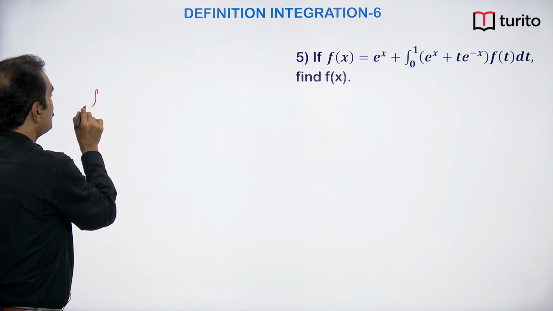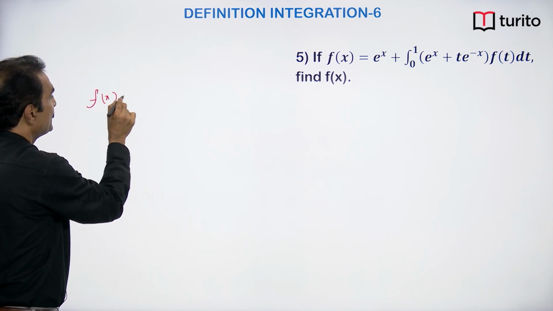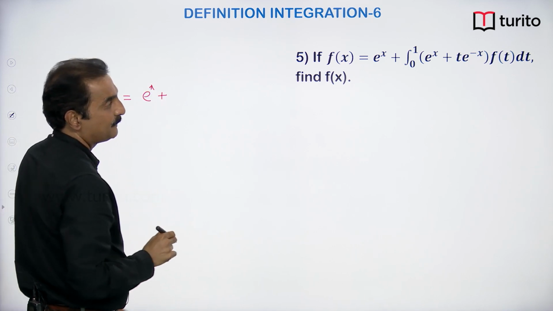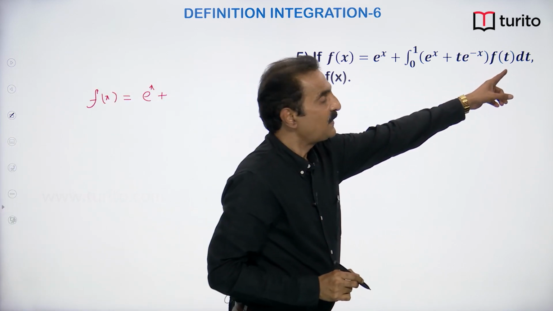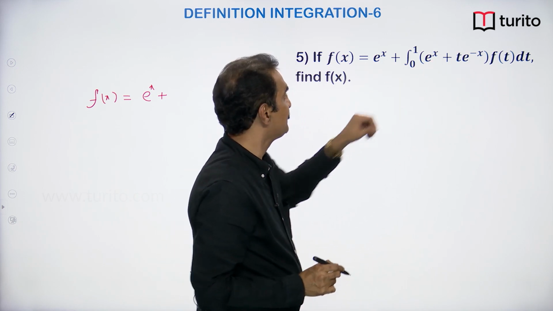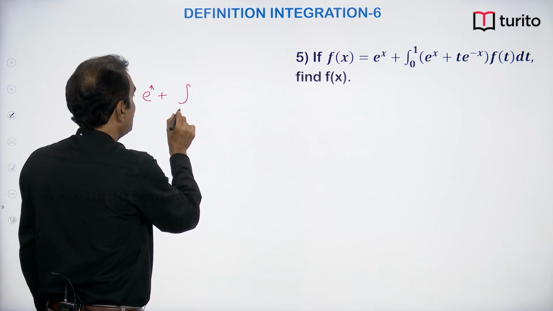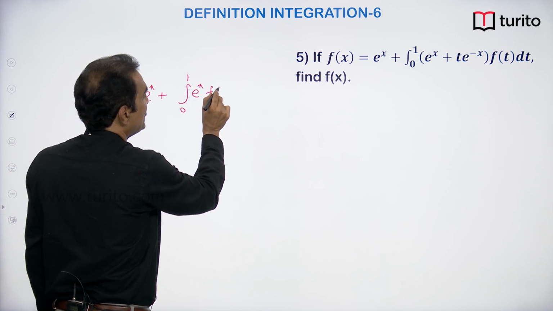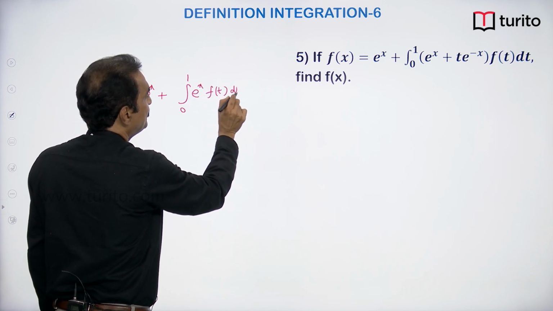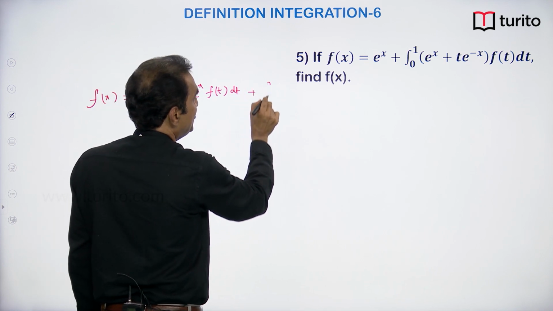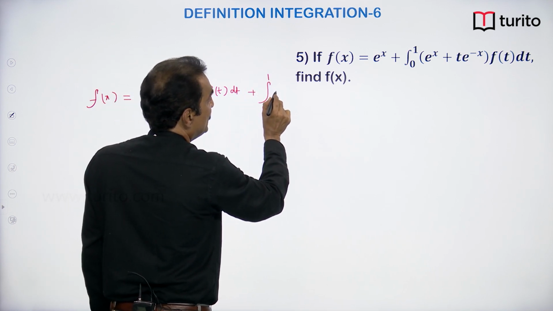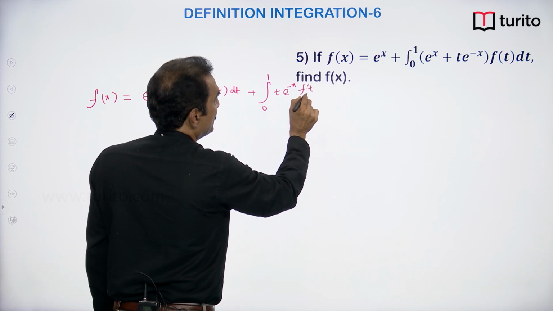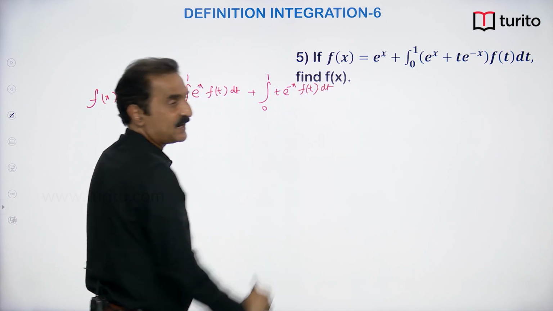f of x is equal to e power x plus, multiplying by f of t inside, integral 0 to 1 e power x f of t dt plus integral 0 to 1 t e power minus x into f of t dt. Okay.